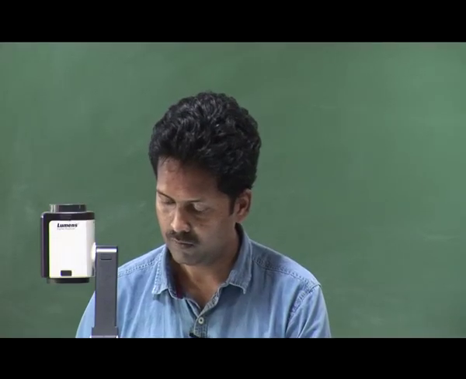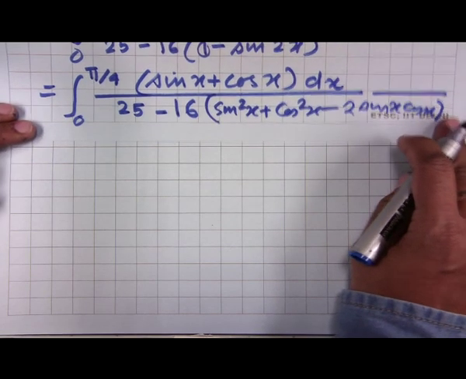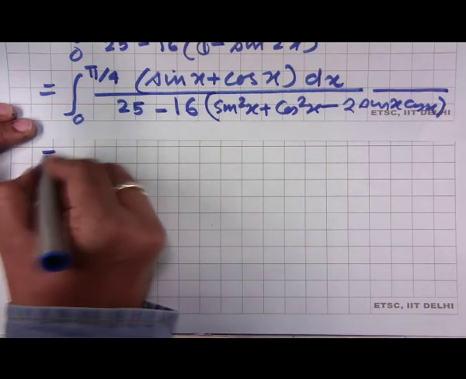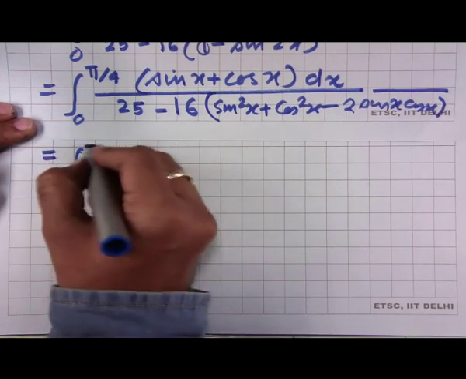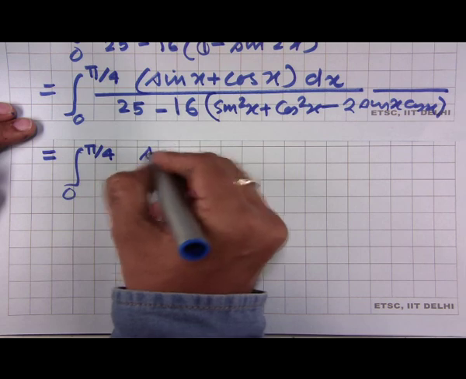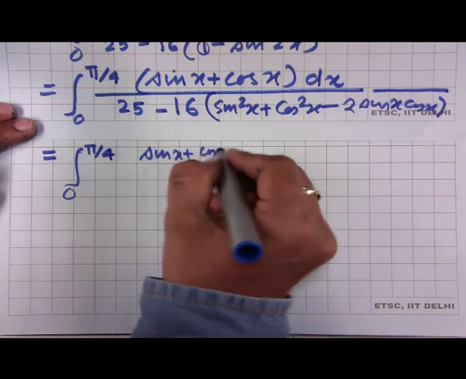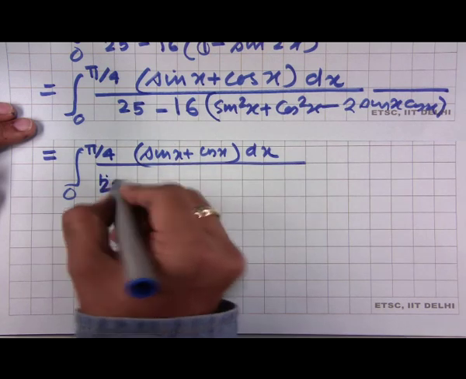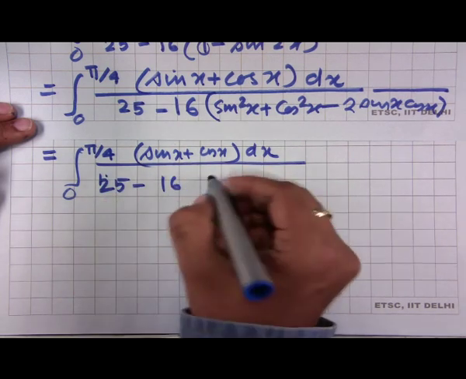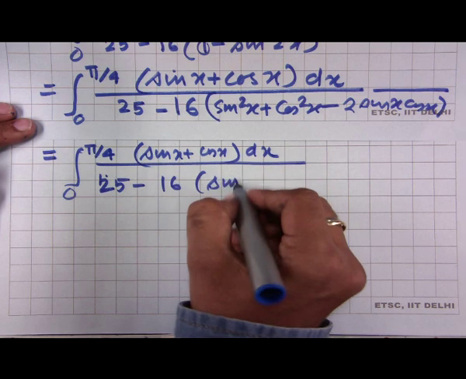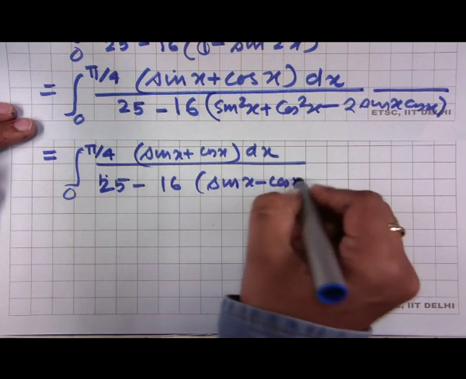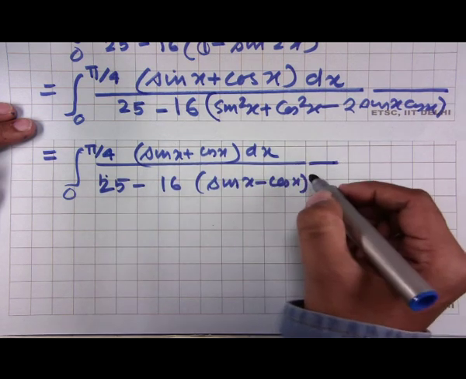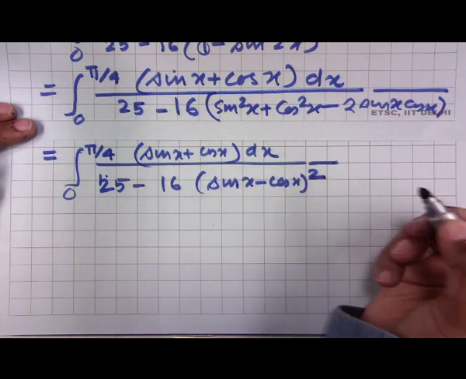So we can write this as 25 minus 16 (sin x minus cos x) whole square.